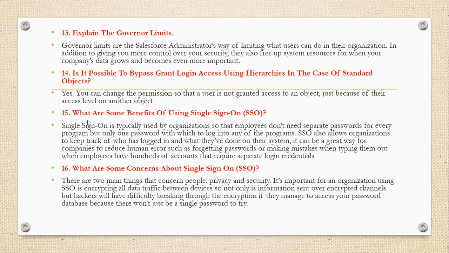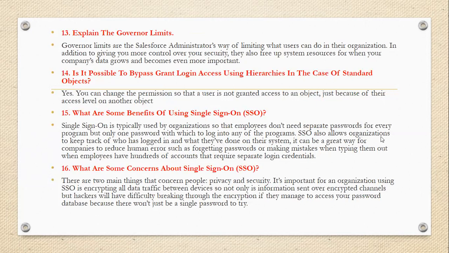Next question. What are some benefits of using single sign-on, SSO? Single sign-on is typically used by organizations so that employees don't need a separate password for every program, but only one password with which to log into any of the programs.